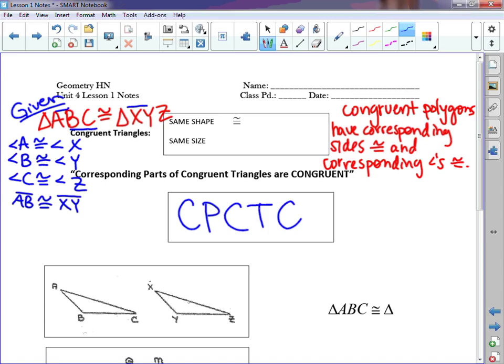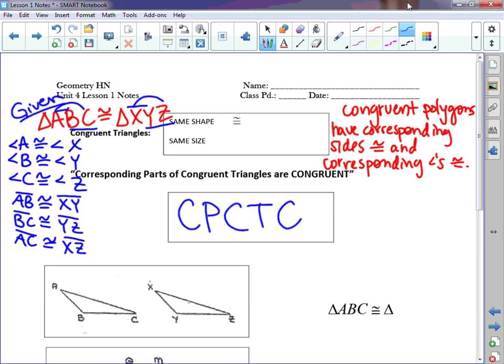Likewise, side BC is congruent to side YZ. And then my last side, AC, is congruent to my last side, XZ. Notice how I'm keeping the pieces together. It matters what order, because angle A goes with X, angle B goes with Y, angle C goes with Z.